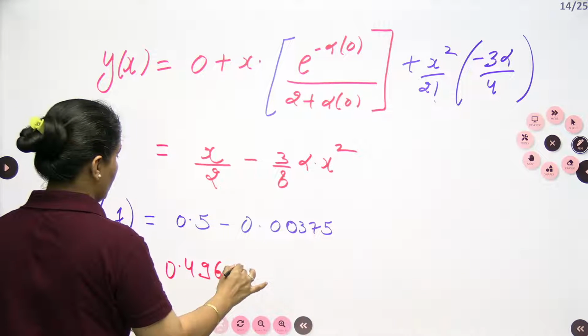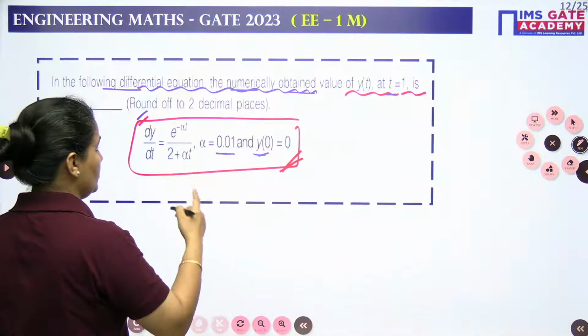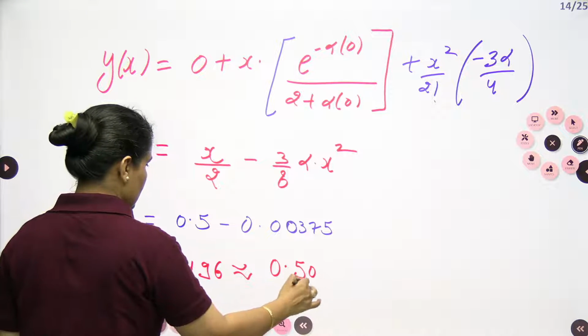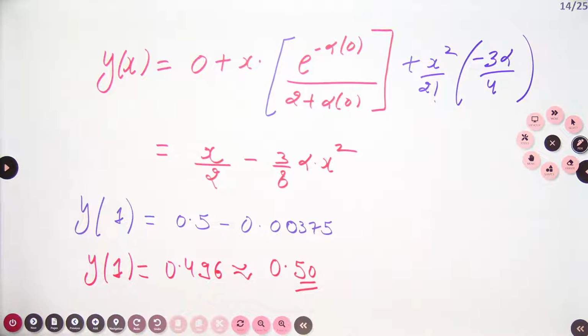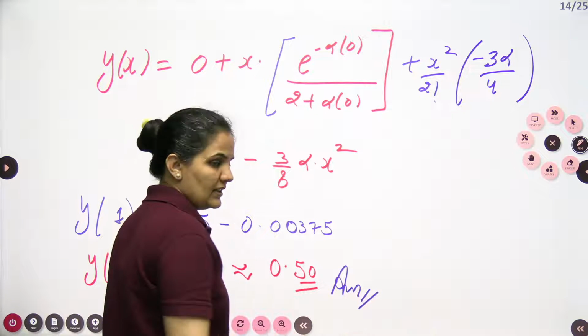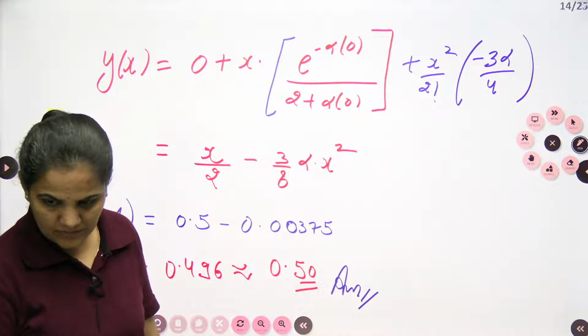So 0.496, which you can write up to 2 decimal places. So you can write down the result as 0.50 also.